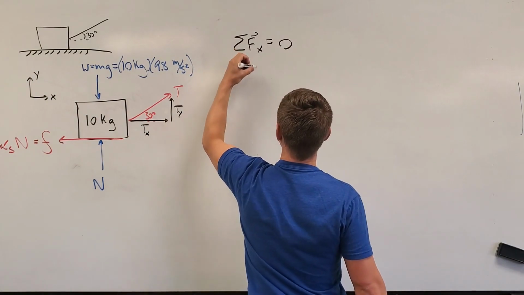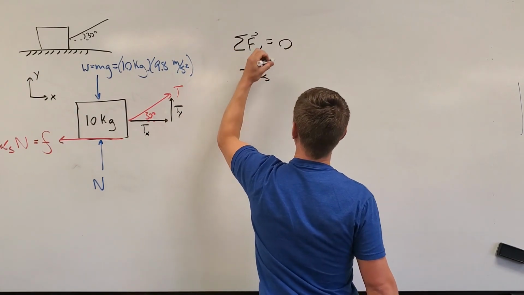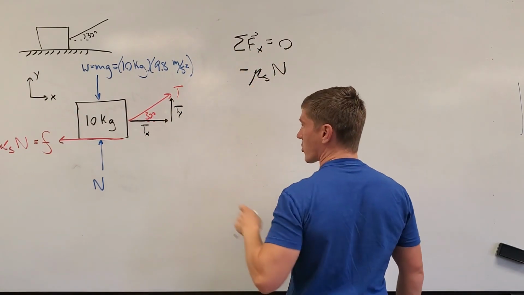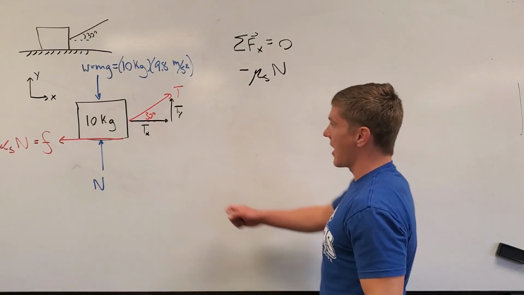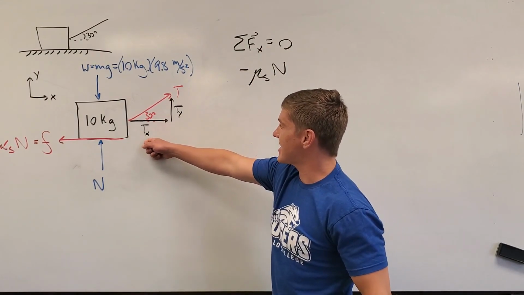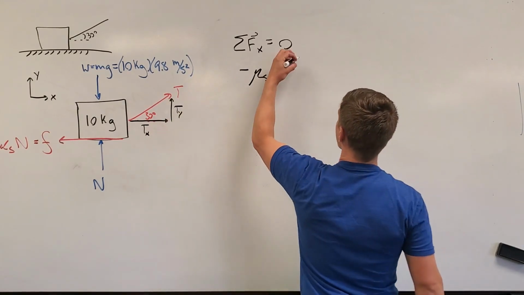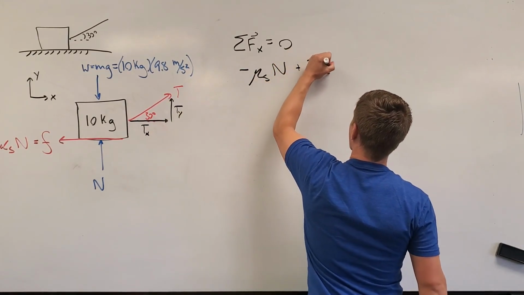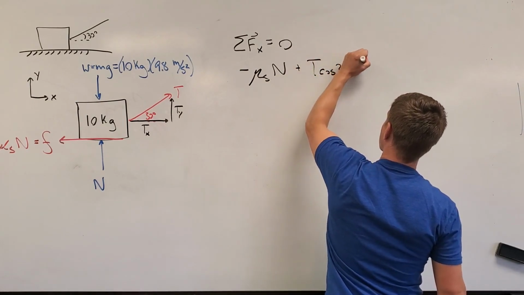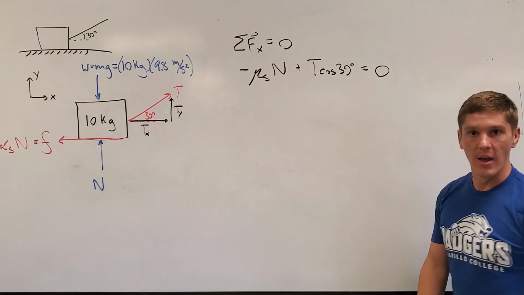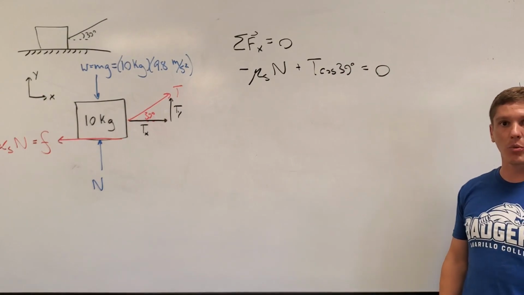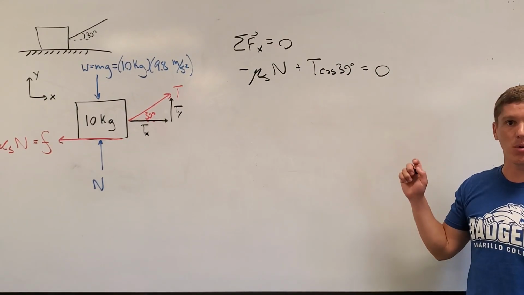So I get a negative coefficient of static friction times our normal force, negative because it's to the left. And then I also have T sub x, our horizontal component of our tension, which is going to be plus T cosine of 30 degrees, is equal to 0. And this is going to be our first equilibrium equation that we have to consider for this problem.